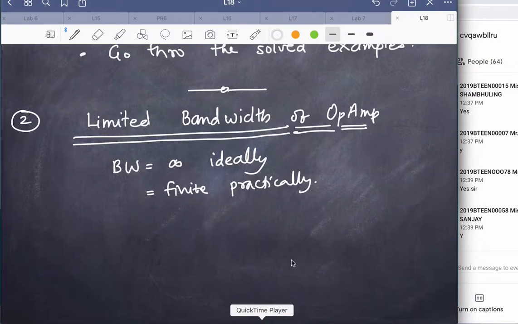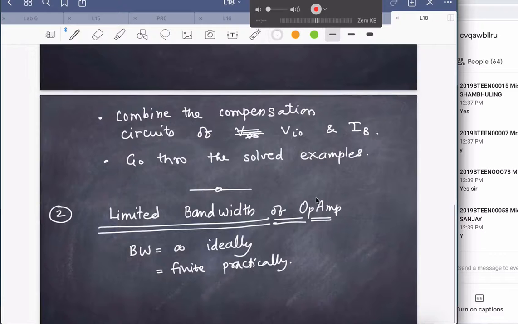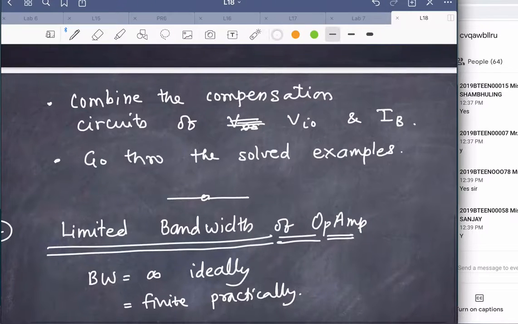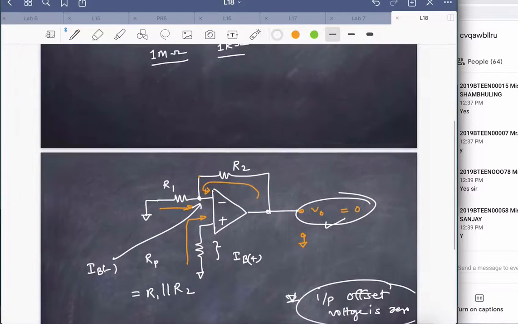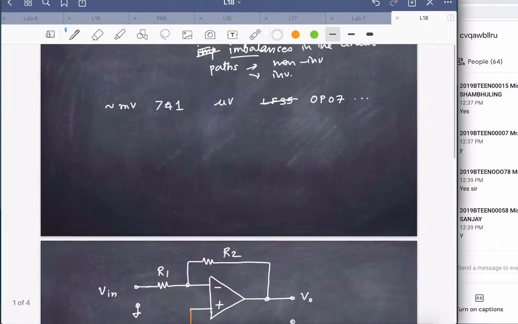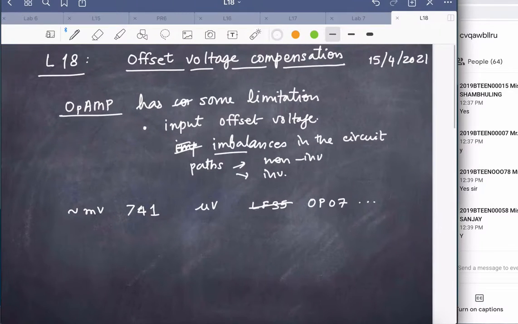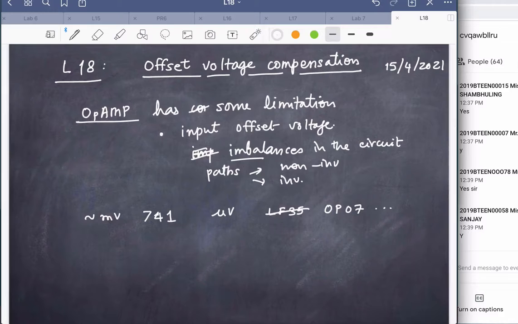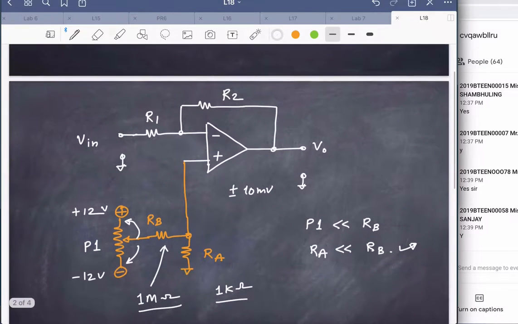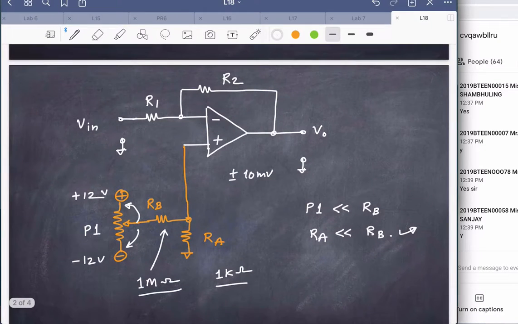Okay, so by the time the machine starts, is there any query regarding what we discussed? We started with the input offset voltage compensation. We understood that op amp has some limitations, and those limitations can be corrected by having some adjustment.